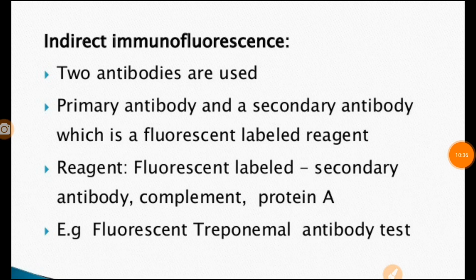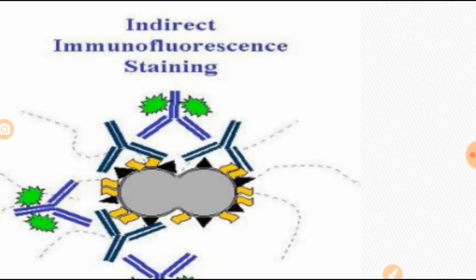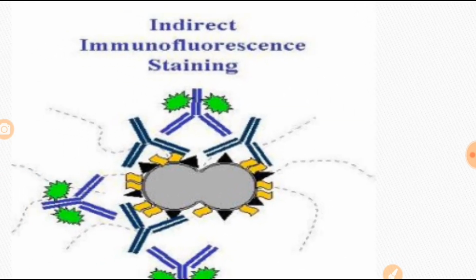Here you can see the indirect immunofluorescence test. Two antibodies are used, a primary antibody and a secondary fluorescent-labeled antibody, which is a reagent, fluorescent-labeled anti-human globulin or protein A. An example is the fluorescent treponemal antibody test. So you can see the figure of the indirect immunofluorescence test.